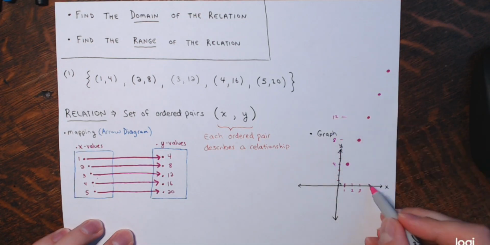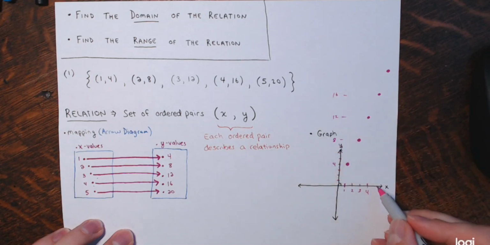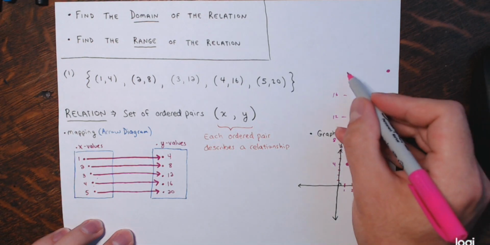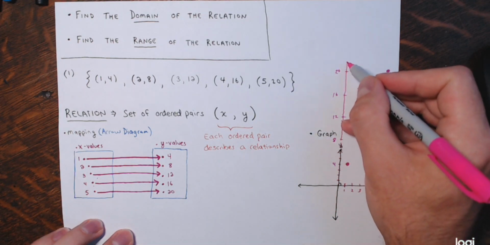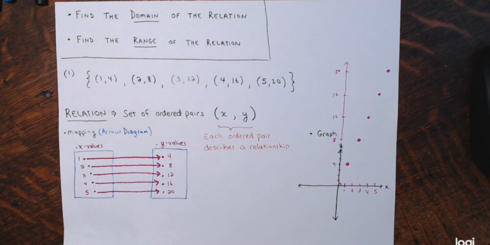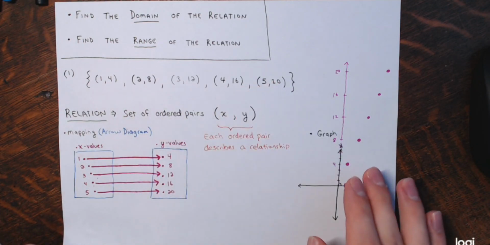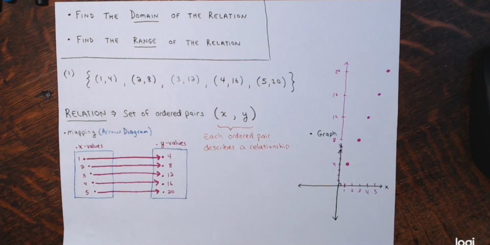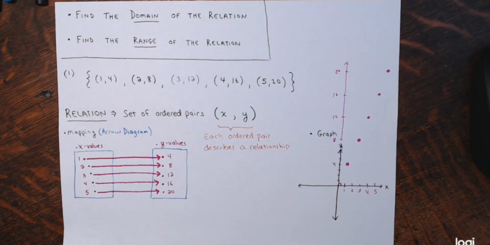This point here, 4 on the x, 16 on the y. And then this final point up here, 5 on the x, 20 on the y-axis. Sorry that the axis doesn't go up any further. There we go. But yeah, all you're doing, if you have ordered pairs with numbers in them, is you can also represent the relationships with a graph and plotting points like this.